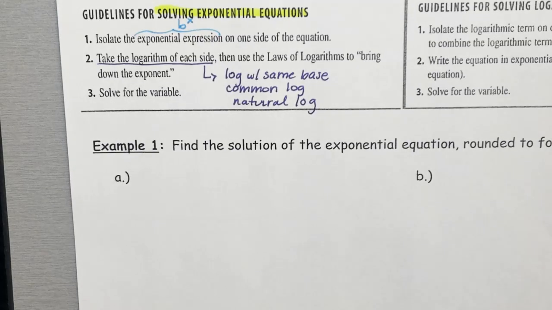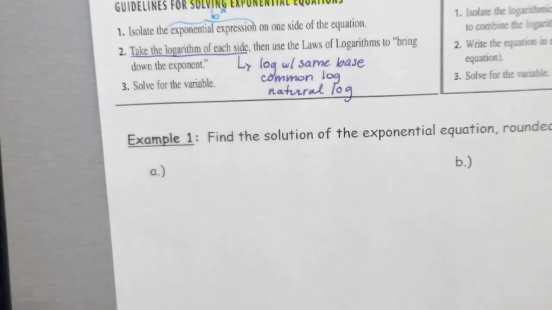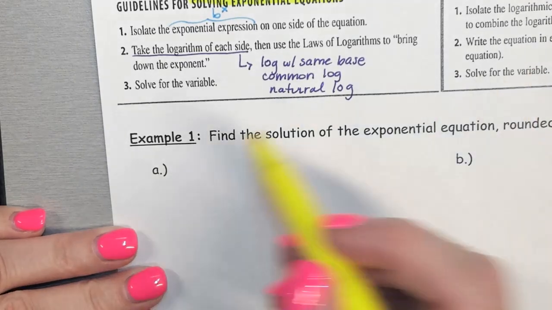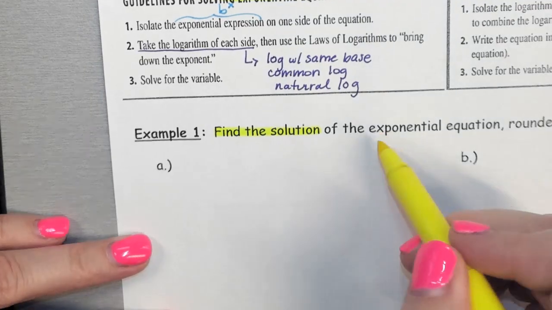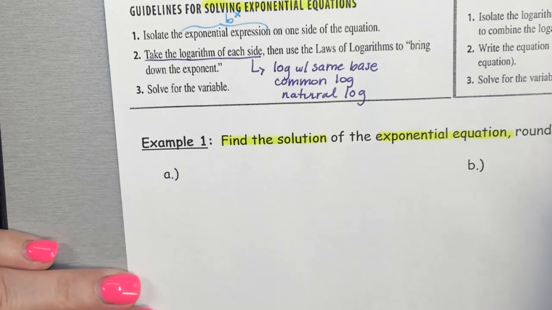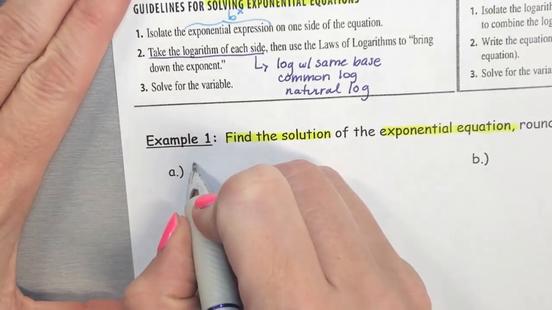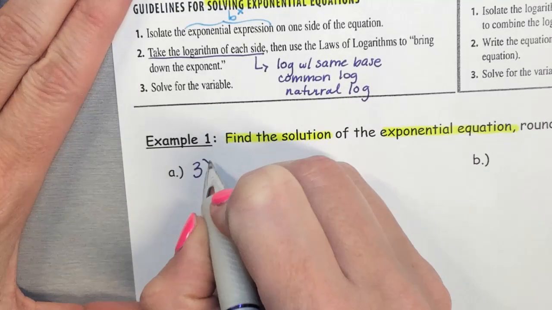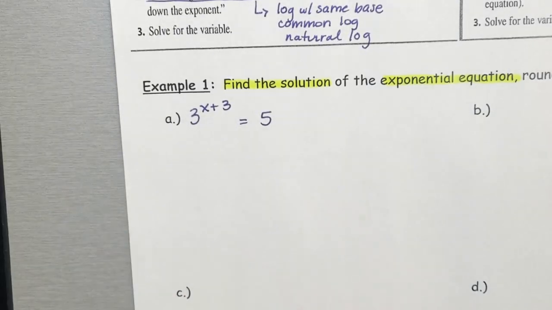different situations first. Okay, so in example 1, we're solving the exponential equations. When we go to the back before we solve, we're going to go over those guidelines for logs. Okay, and again, we are rounding to 4 decimal places here. All right, so for part A, we have 3 to the power of x plus 3 equals 5.